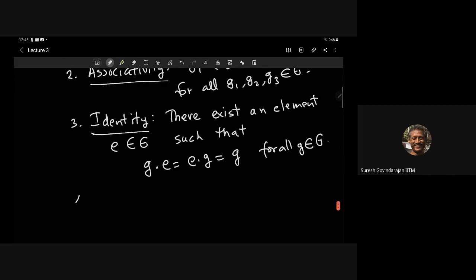And the last one is the existence of an inverse.